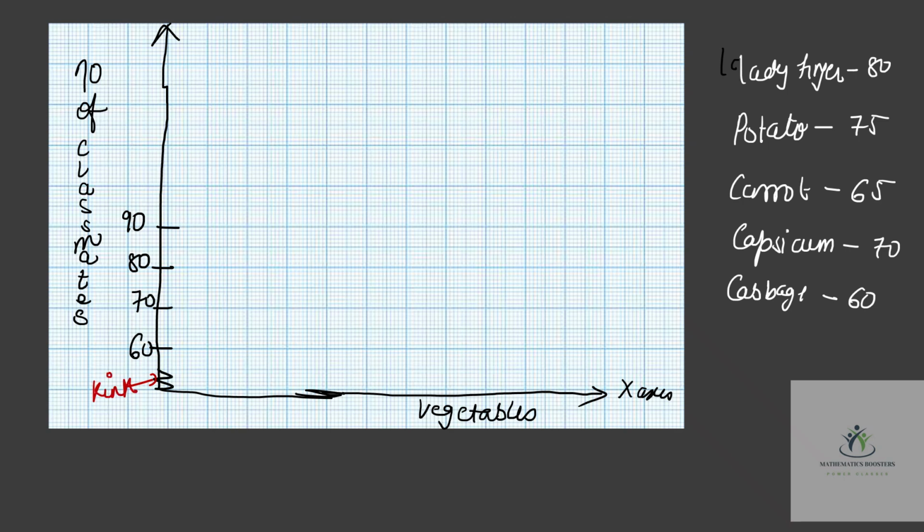So the first one is lady finger. Leave the first box. So this one is lady finger. Again leave a gap. Next one is potato, which is 75. 75 is here. So this is potato. Next is carrot, which is 65.